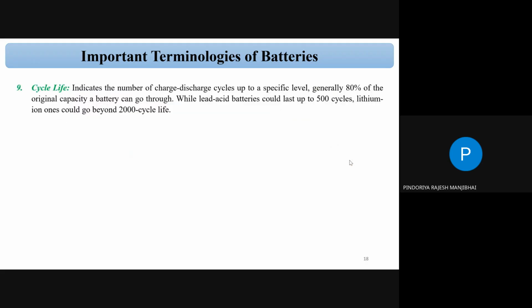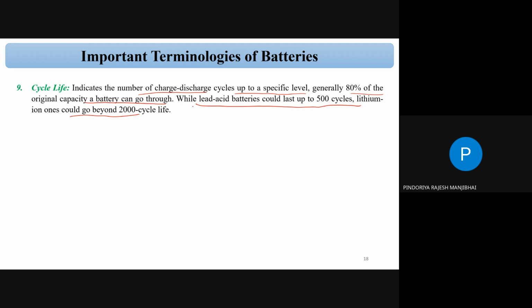Cycle life indicates the number of charge-discharge cycles up to a specific level. So we can charge the battery maybe 100 times and discharge the battery 100 times. Generally 80% of the original capacity of the battery can go through, while a lead acid battery could last up to 500 cycles and a lithium ion one could last 2000 cycles.